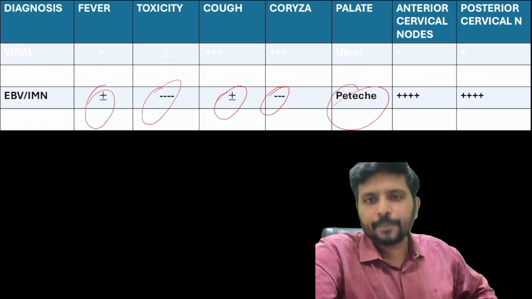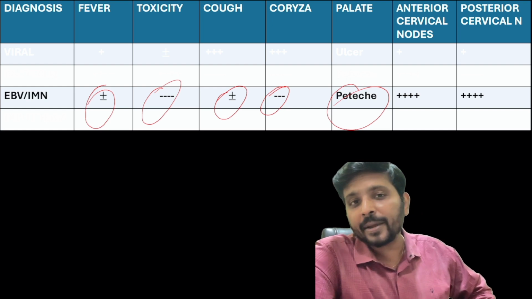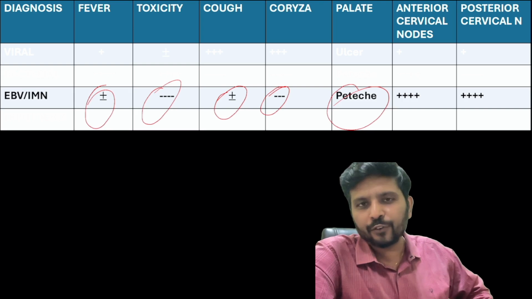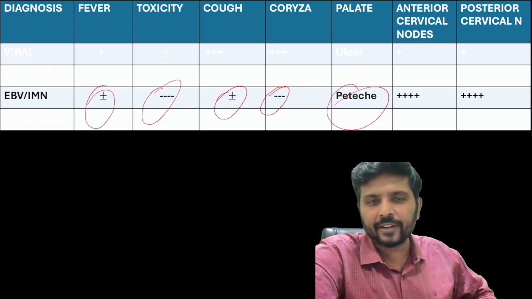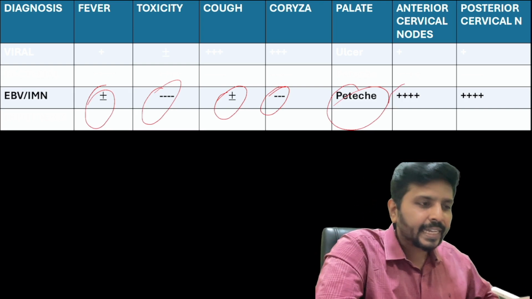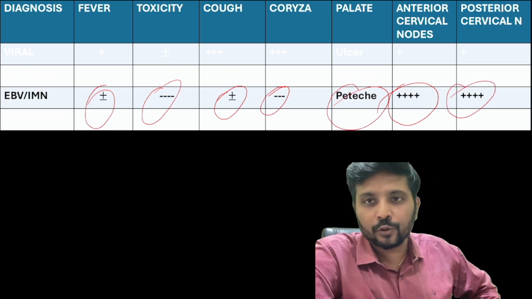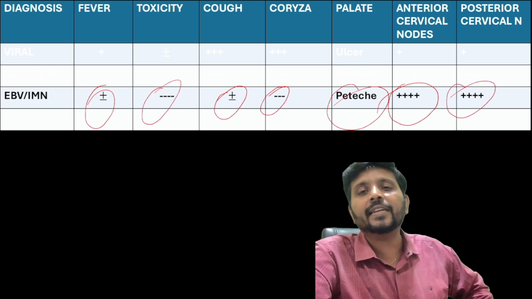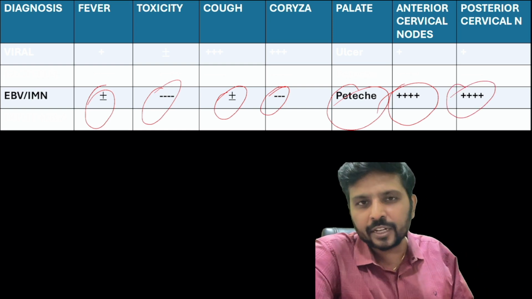But in streptococcal pharyngitis, there will not be any posterior group of lymph nodes, whereas in the case of Epstein-Barr virus, you will have both anterior and posterior group of lymph nodes that are significantly increased in size, might be more than 1 centimeter.